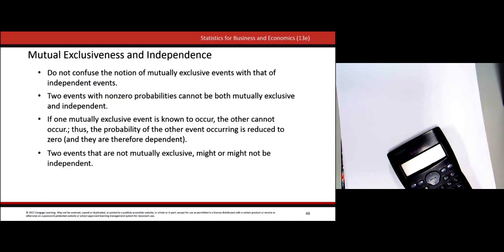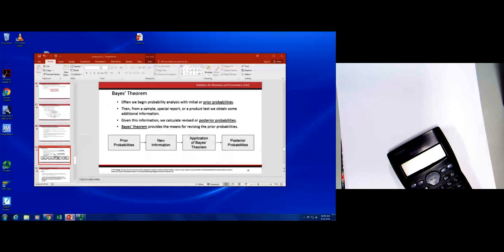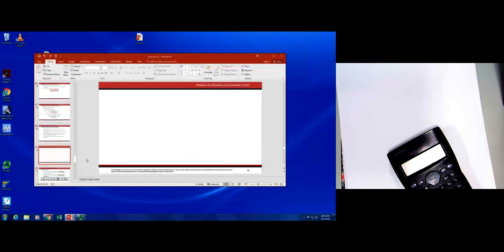If one mutually exclusive event is known to occur, the other cannot occur. So then they are dependent. And two events that are not mutually exclusive might or might not be independent. So we can look into it like this.